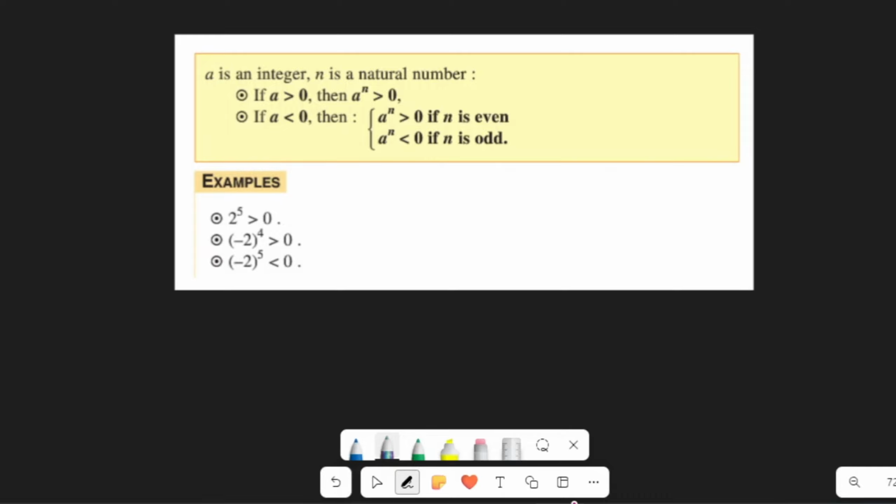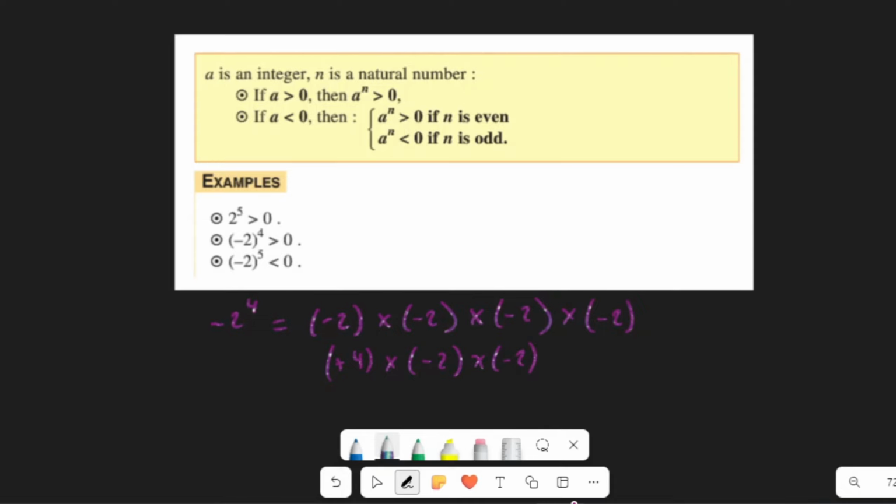So for negative 2 to the power of 4, you break it down, it's negative 2 multiplied by negative 2 multiplied by negative 2 multiplied by negative 2. Once you multiply negative 2 by negative 2, you'll get positive 4, multiplied by negative 2 times negative 2.